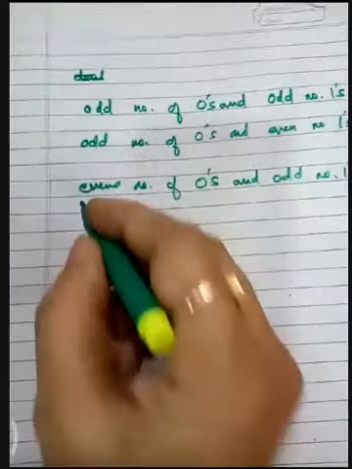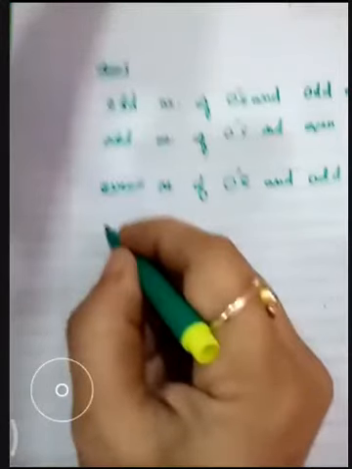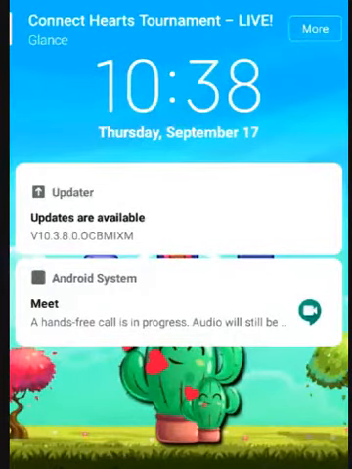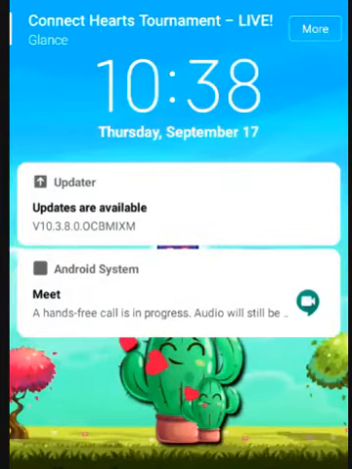And the last case will be even number of zeros and even number of ones.